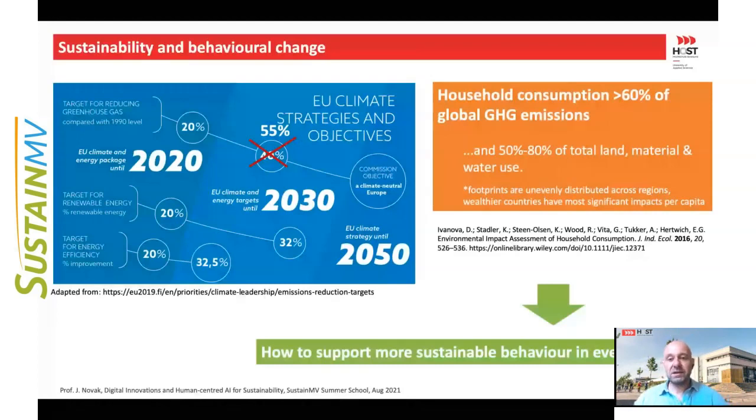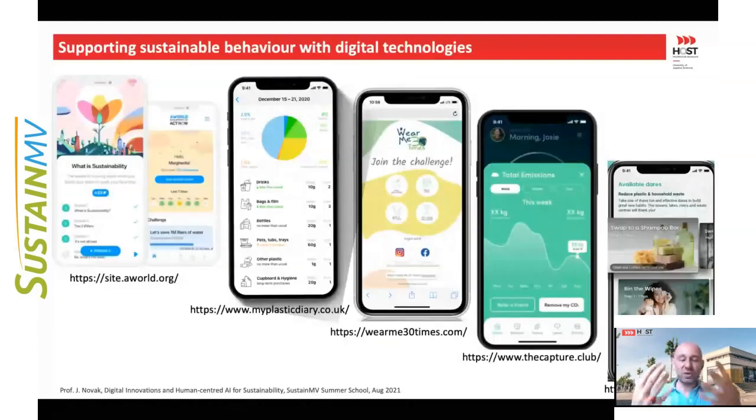While there are different types of approaches, some looking at policies that need to be developed, at regulations, at incentives for companies to change their operations, at ways in which we can better manage natural resources, one aspect on which I will focus today is what can we do to support sustainable behavior of individuals in everyday life by developing maybe novel types of digital applications that help them learn about more sustainable practices, but also implement them.